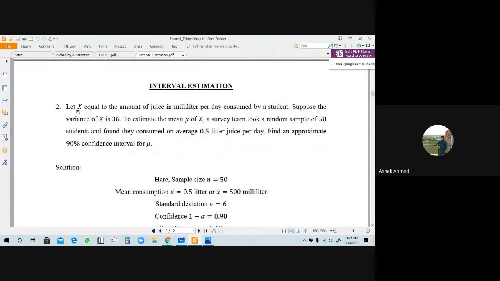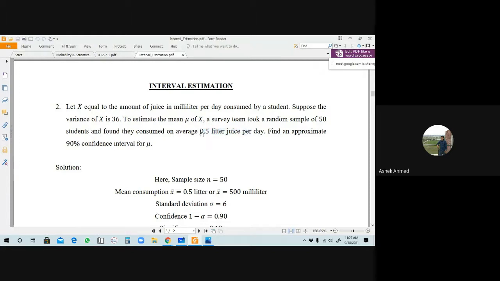Similarly, in this problem, x equals the amount of juice in milliliters per day, so the unit of the amount of juice is milliliter per day consumed by a student. Suppose the variance of x is this, the standard deviation will be 6. To estimate the mean mu of x, a survey took a random sample of 50 students and found they consumed on average 0.5 liter of juice per day.